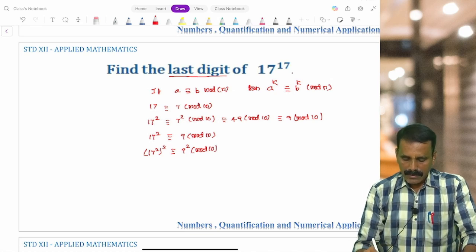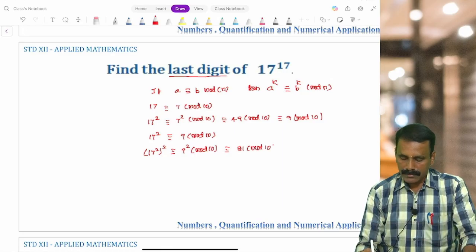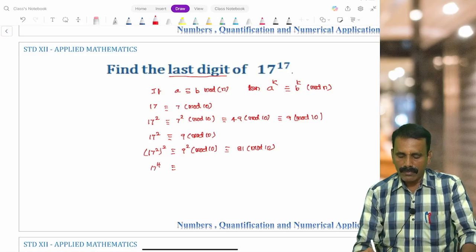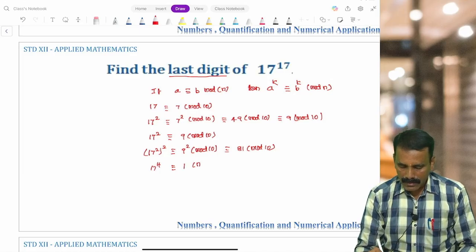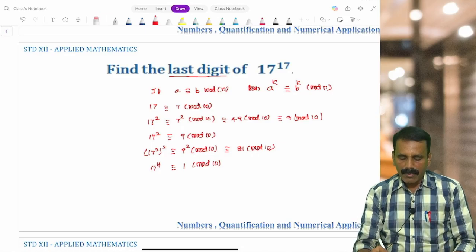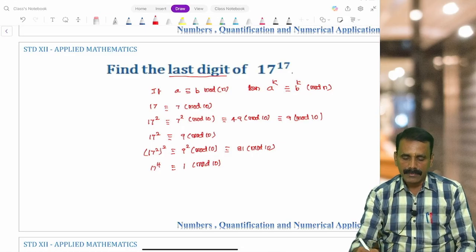So this is congruent to 9 square, which is 81, mod 10. So this is 17 power 4 ultimately. When you divide 81 by 10, the remainder is going to be 1. Now 17 power 4 is congruent to 1 mod 10.